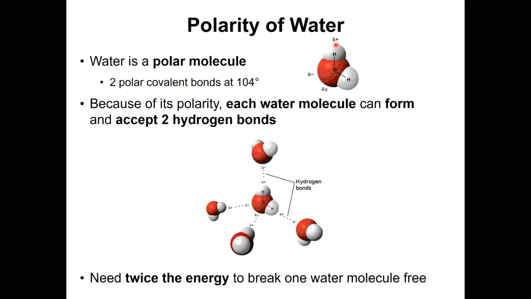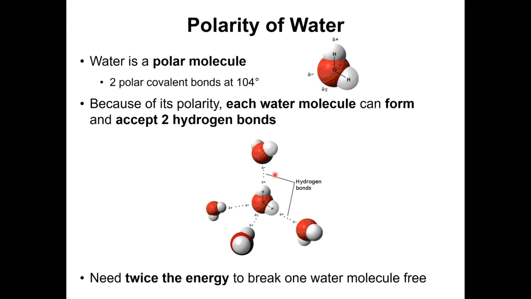Now, because of that, water can also form hydrogen bonds. So the partial positive charge associated with each hydrogen can lead to the formation of a hydrogen bond, an electrostatic interaction, with a partial negative charge in another molecule. In this case, this will be in pure water, so among water molecules.